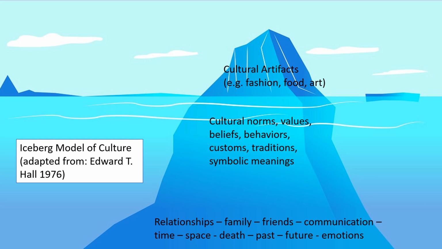Below the surface, there's a much larger part, the invisible elements of culture. This hidden part of culture includes beliefs and values, customs and traditions, which are also reflected in the culture's concepts about relationships, about the past and the future, or about life and death. When one first enters a new culture, for example as a tourist, only the most obvious cultural elements are visible.